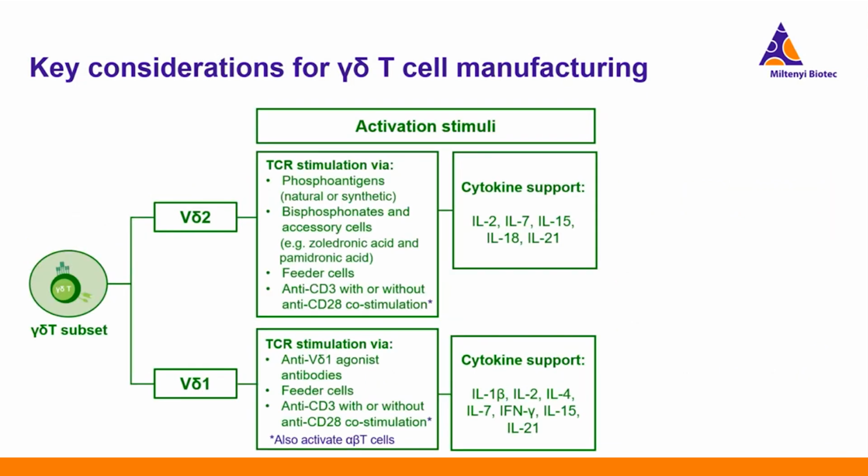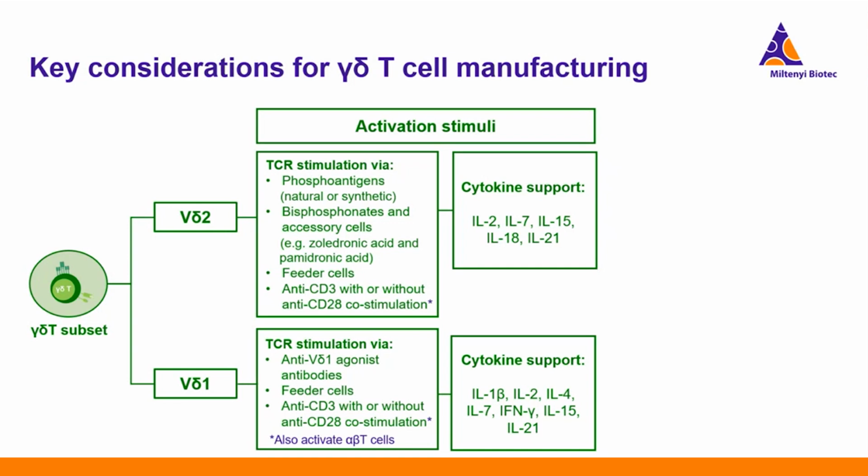Next, regarding the gamma delta T cell subset, this is also very important to keep in mind because the two main subsets that are being currently explored for therapeutic applications, which are the V delta 2 gamma delta T cells and the V delta 1s, have different activation stimuli.